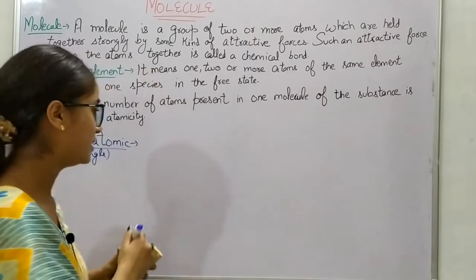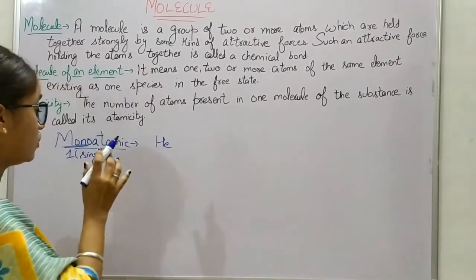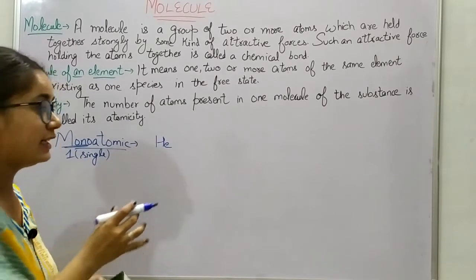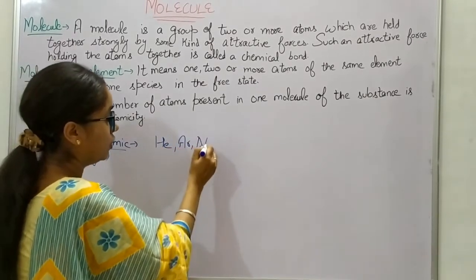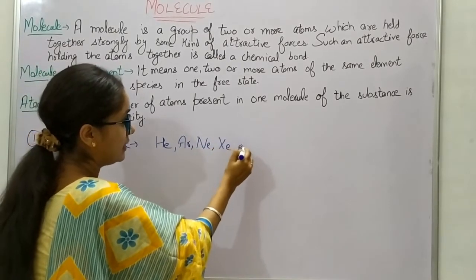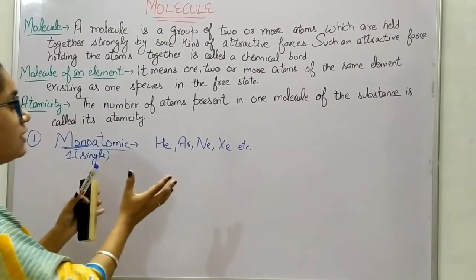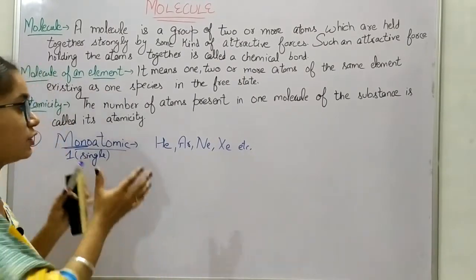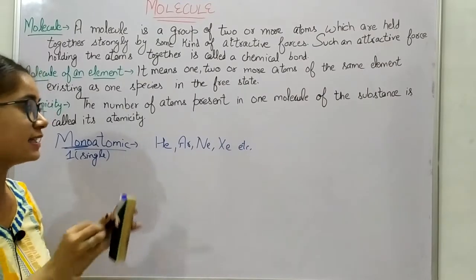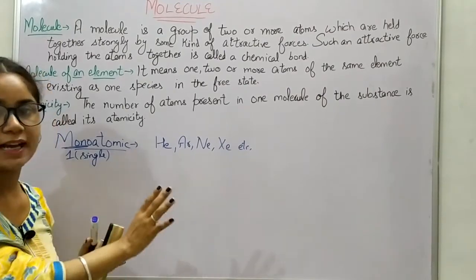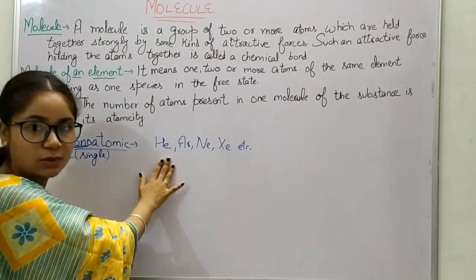The better example I would tell you is the noble gases, for example, helium, argon, neon, xenon, etc. These kinds of atoms would exist in their free state as a single atom, as a single molecule.